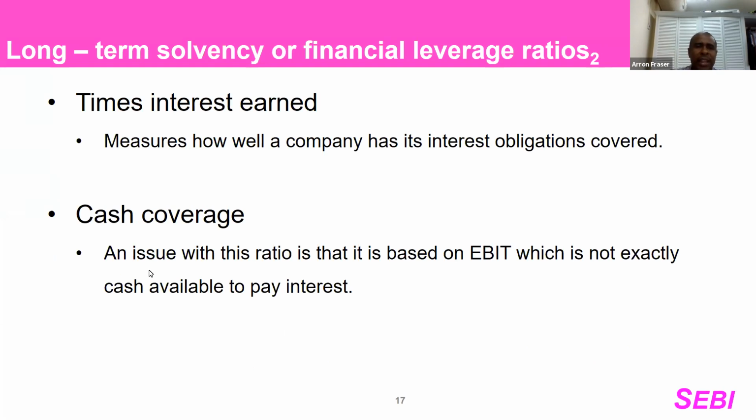So the times interest earned looks at the profits that are available to cover your interest, and the cash coverage looks at the amount of cash that you have to cover the interest. And you'll agree that profits and cash are not the same.